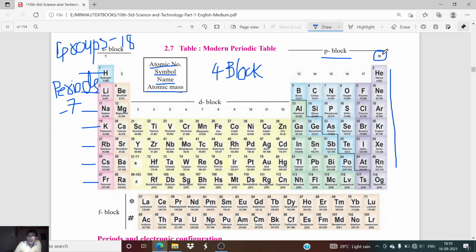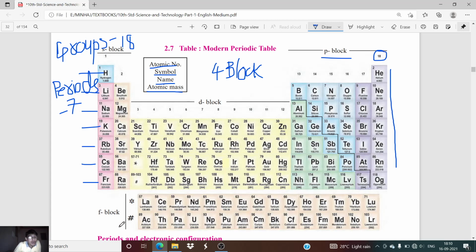Inert gases are those elements which have a complete octet. The last shell of these elements has a complete octet, and the inert gases are non-reactive elements. So helium, neon, argon, krypton, xenon and so on are non-reactive elements.